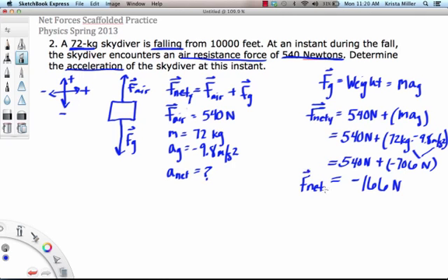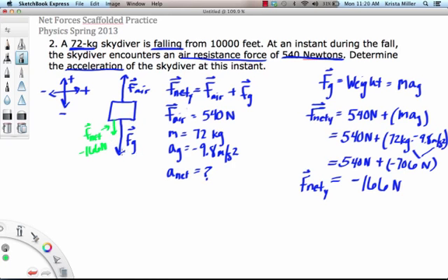So what does that mean? That's probably the kicker here. Now we have this number, but the key is really, do you understand what it means? Because it's negative, the net force acting on the skydiver is negative 166 newtons.